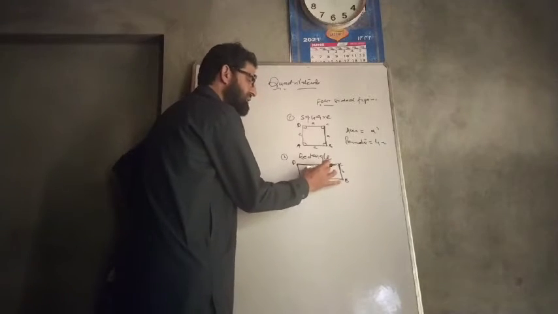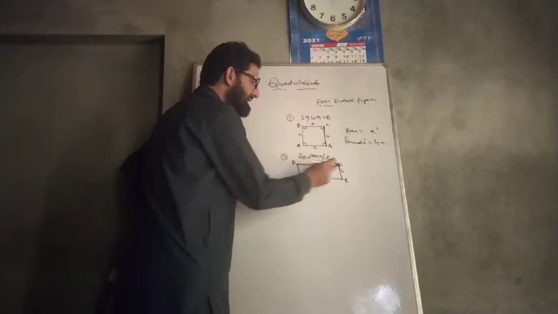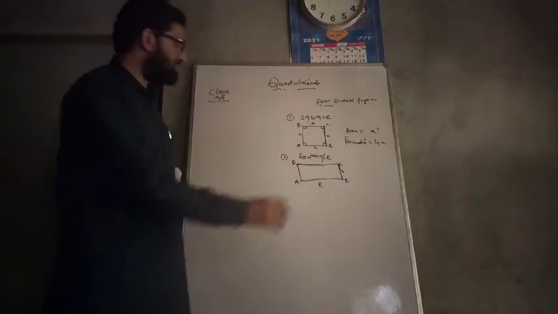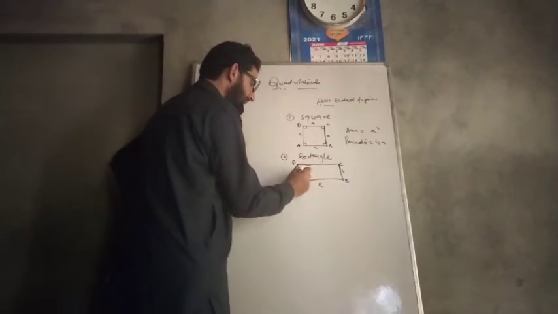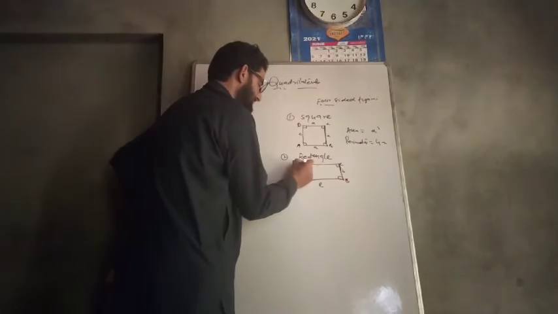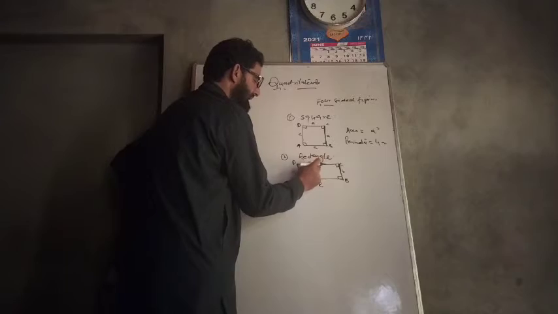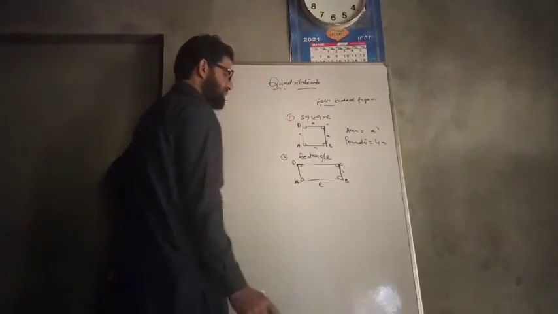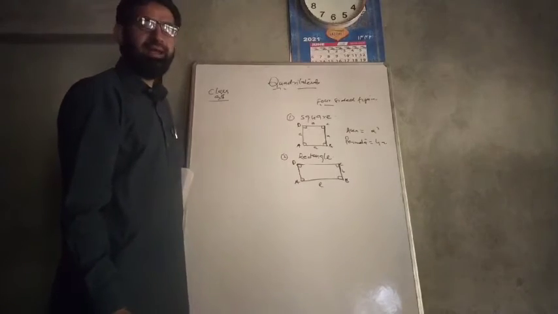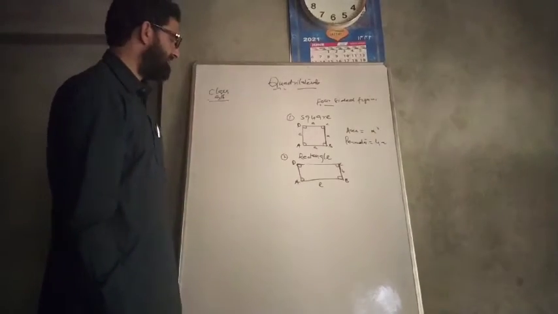This AB is equal to DC and this AD is equal to BC. So rectangle is a four-sided figure with opposite sides equal, and again all angles are equal, 90 degree.